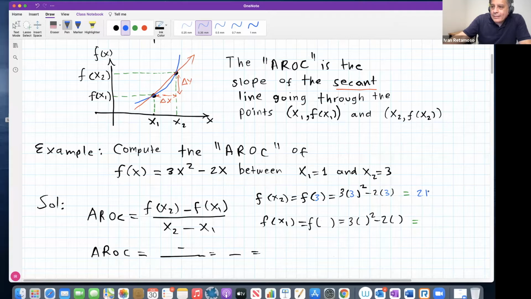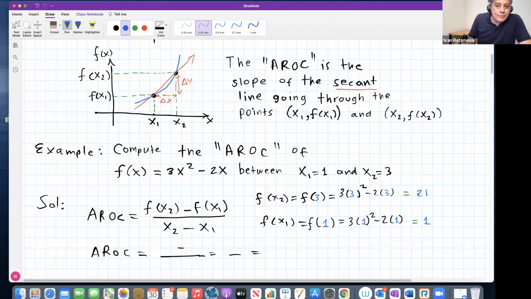Now, what is the second computation? It must be done at x1, but x1 is 1. So the evaluation at 1 is 3 times 1 squared minus 2 times 1, which is 3 minus 2, that is 1. You can also check that on your calculator.